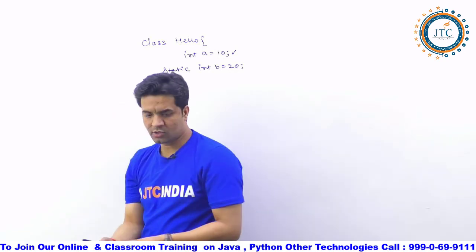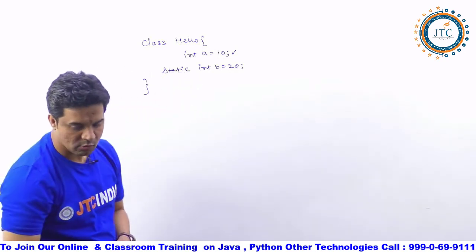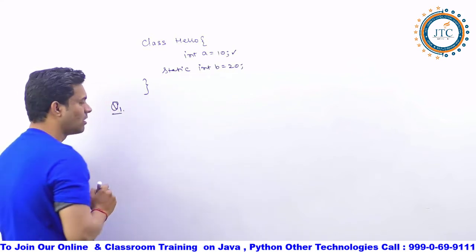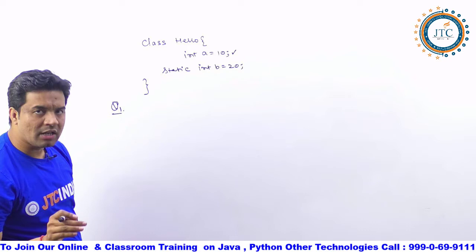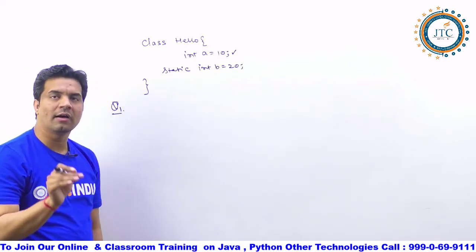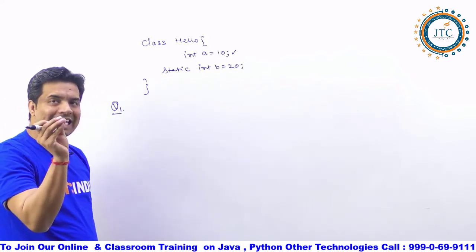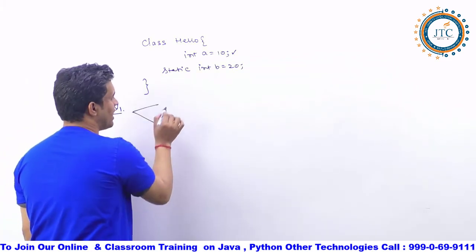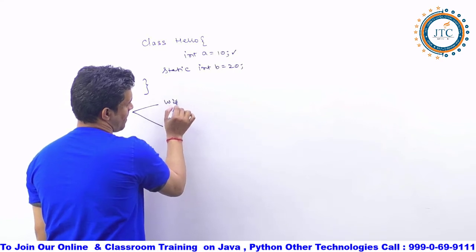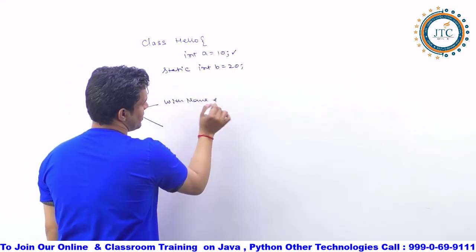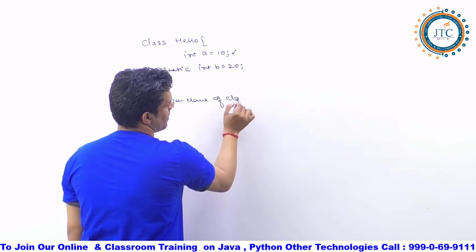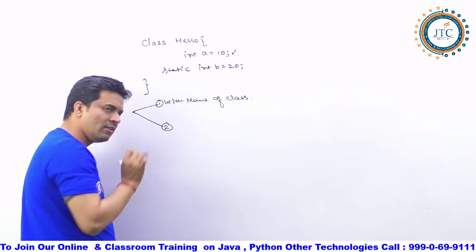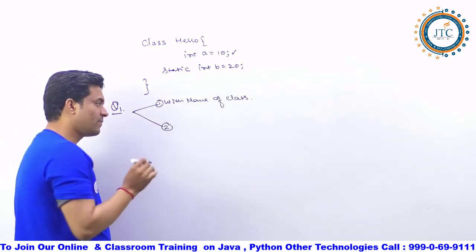Question number 1 is, why am I not able to access an instance member of a class in these two ways, with the name of a class, and with the reference variable?